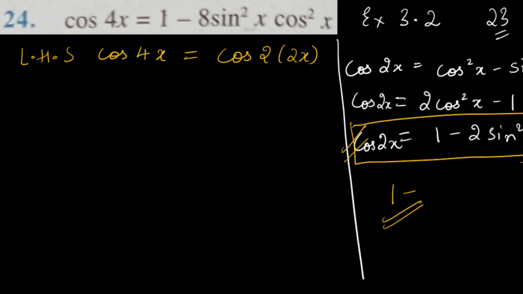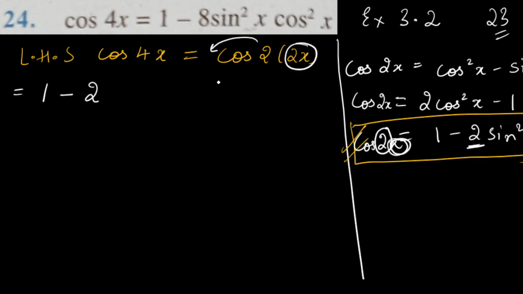So let's do that. Now here you have to see cos 2x is there, but I have here cos 2 of 2x. So this 2 we are just writing at the front, and only x is written with the sine. So we will write it as 1 minus 2 sine square x.